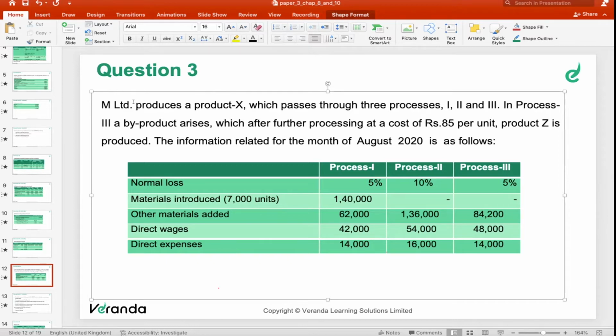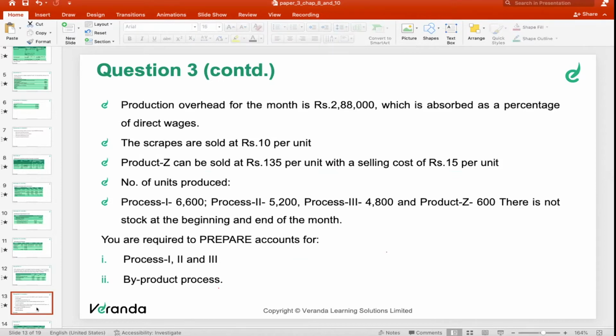Other materials added, process 1 62,000, process 2 1,36,000, process 3 is 84,200. Direct wages, process 1 42,000, process 2 54,000, process 3 48,000. Direct expenses, process 1 14,000, process 2 16,000, and process 3 14,000.